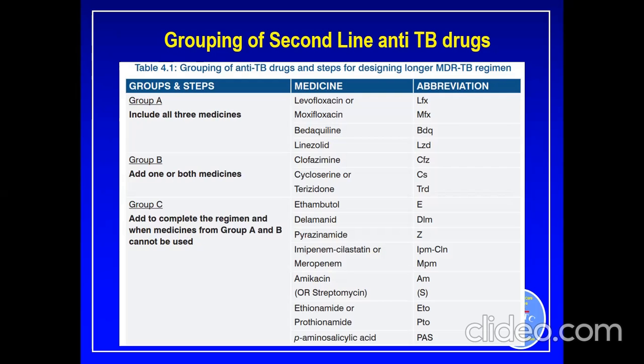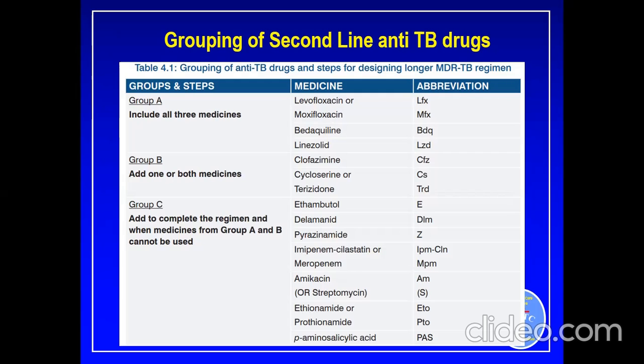And then in group C, we have ethambutol, delamanid, pyrazinamide, and imipenem-cilastatin, and of course meropenem. These are injectables and have to be given continuously for 6 months and through a port. So it's very difficult because the port itself is very expensive to insert, and it has to be given twice or thrice a day.